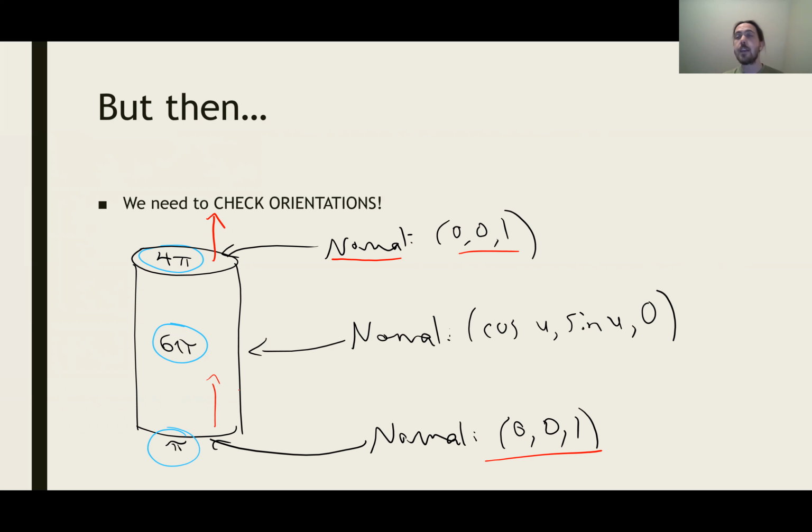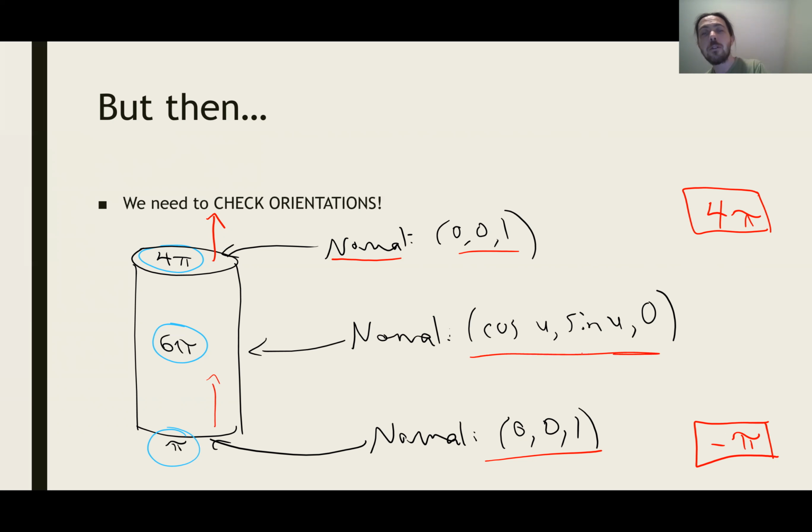And so it's calculating flux in the direction opposite to what I want. And so 4 pi is the contribution that I'm getting for flow outwards on the top. To get the correct contribution for flow outwards on the bottom, I need to switch it to a negative sign because my normal was pointing in the wrong direction.